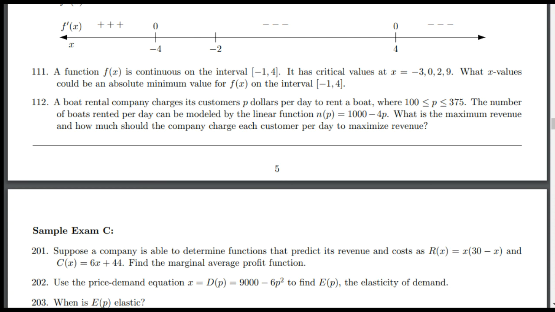That just says the number of boats. Yeah, it is the number of boats that can be rented as a function of the price. That's got to be the same thing as a demand equation.